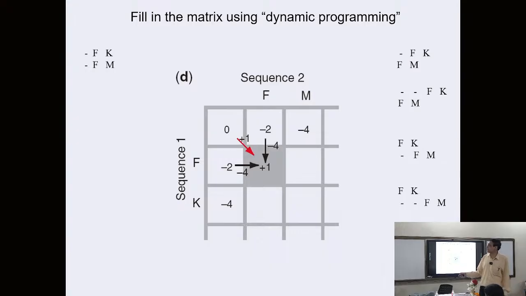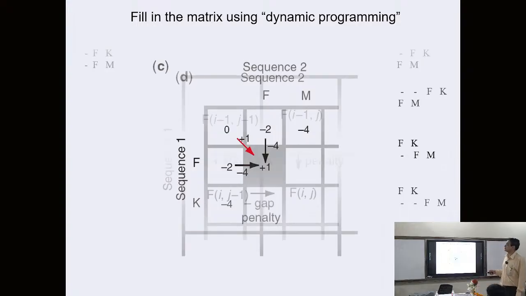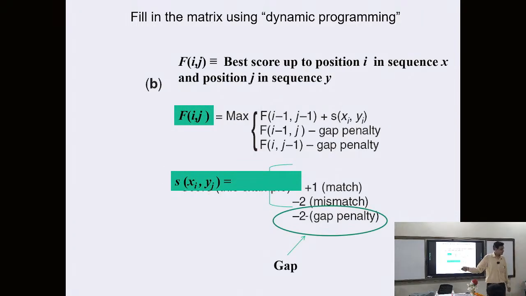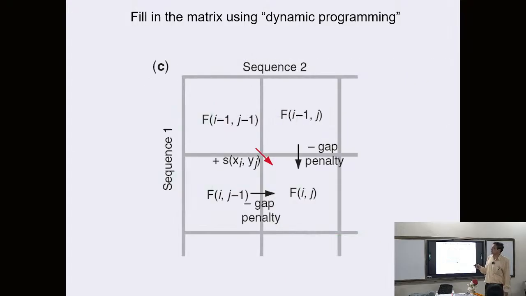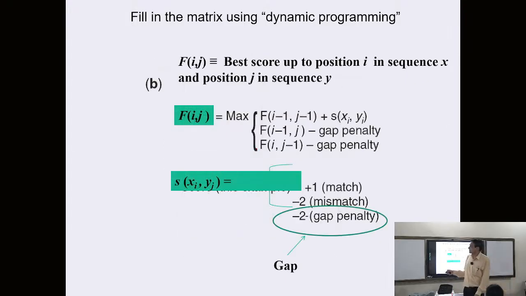Okay. So the first row and the first column have got filled up. We did it by setting up the boundary condition for these recursive equations. Okay. So now look at this. These are given to you.